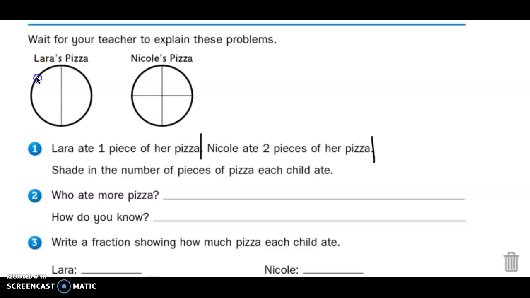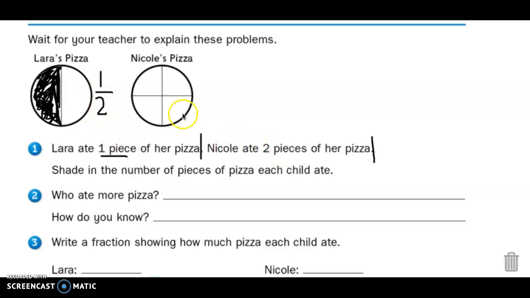So I want you to go ahead and fill it in. 1 piece. How many pieces does Laura have total? Laura has 2 pieces. So she ate how much? How many parts? She ate 1 piece. Laura ate 1 out of, well, she has this piece and she has the second piece. So she ate 1 out of 2 pieces.